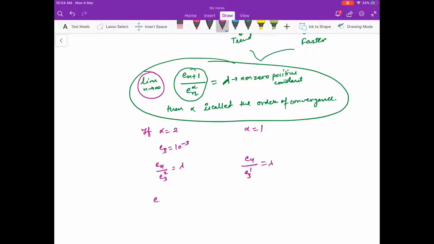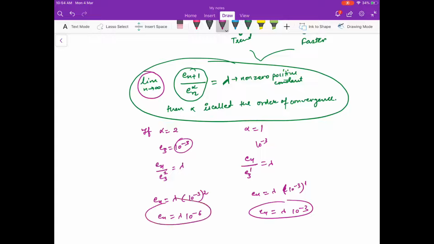It means that here E4 is equal to lambda into E3 squared, with E3 being 10 to the minus 3 raised to power 2. Here E4 is equal to lambda E3, with E3 being 10 to the minus 3 raised to power 1. So you get E4 is lambda 10 to the minus 6 here, and here E4 is lambda 10 to the minus 3.